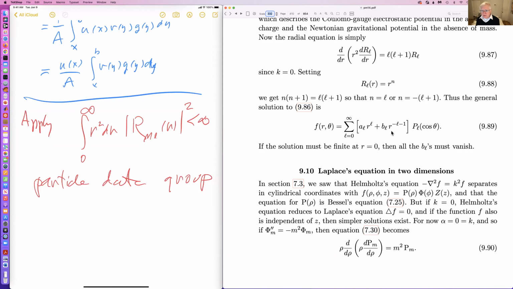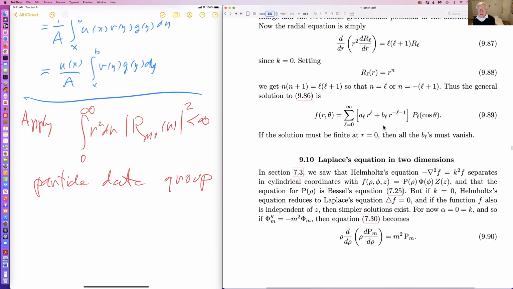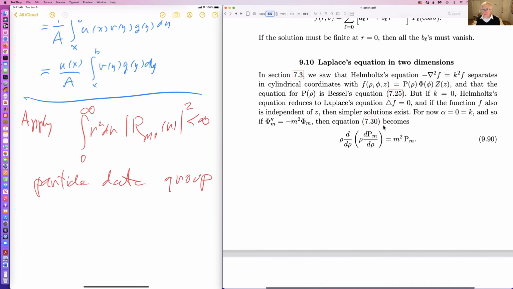This is, again, the electrostatic Coulomb potential. And if it needs to be finite at the origin, all the B's vanish. This is something that you've probably seen several times in courses on electrodynamics, and in particular electrostatics.